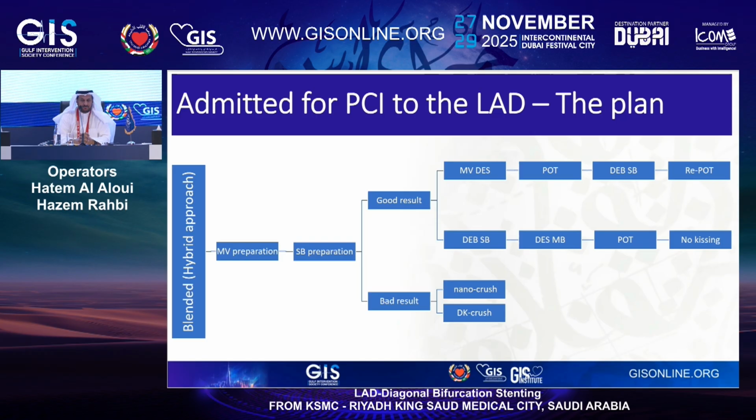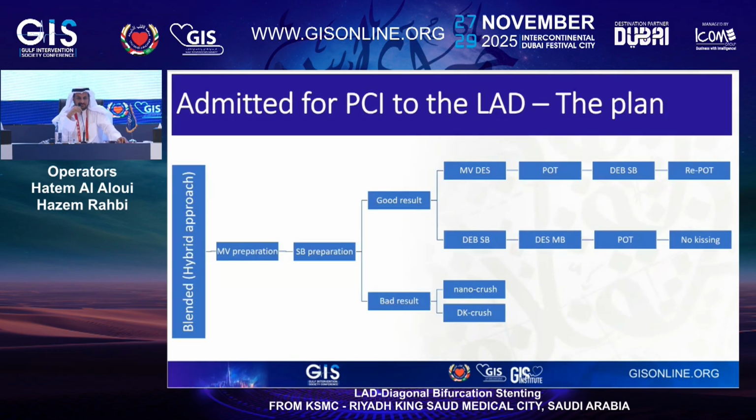Either we start with the main branch, we stent the main branch and we cross again and we apply the DEB, or we start with the DEB on the side branch and we finish by stenting, POT, without any kissing. If we have a bad result, a severe, high-grade dissection or no flow, slow flow, at that time it will be a double stenting technique.